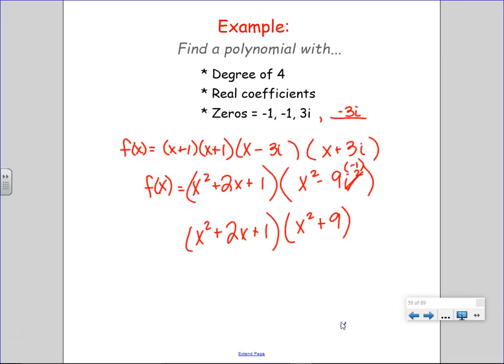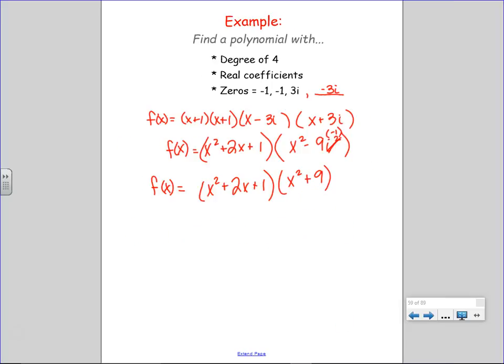I'm so close to my polynomial. Isn't it a quartic just because of what we've built? We just need to finish. Okay, we got this. Now it's just polynomial multiplication. So now we have x squared times x squared is x to the 4th. I'm just going to do each term twice. So we have plus 9x squared, then plus 2x cubed, plus 18x, plus 1x cubed, plus... Let's make it pretty.